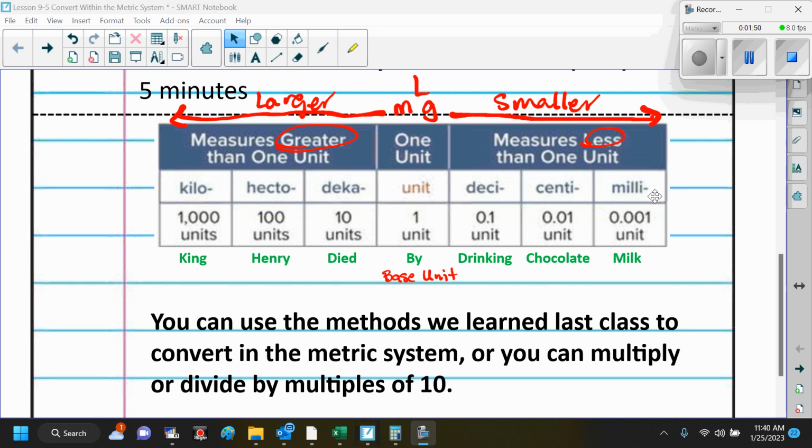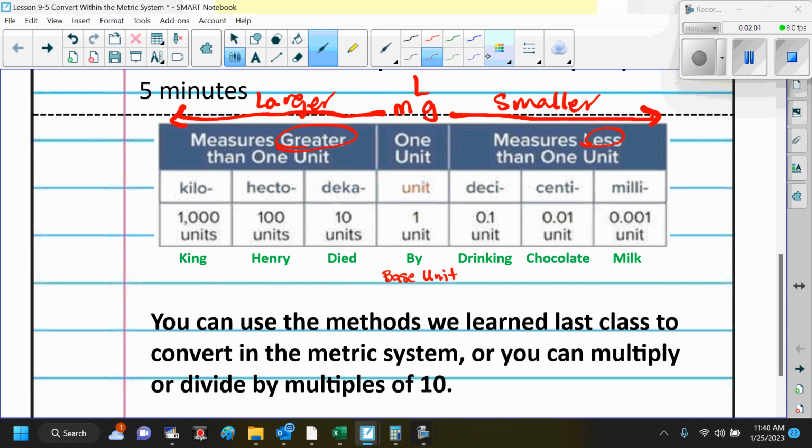So for the abbreviations of each of these prefixes, you know those are prefixes, those go in front. Let's say we have grams. For kilograms, that would be kg. Is everybody clear? Hectograms is hg. Deca is DA, so decagrams is DAg. Is everybody clear?